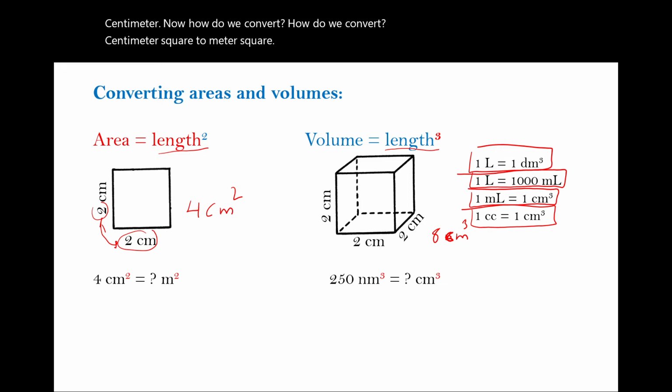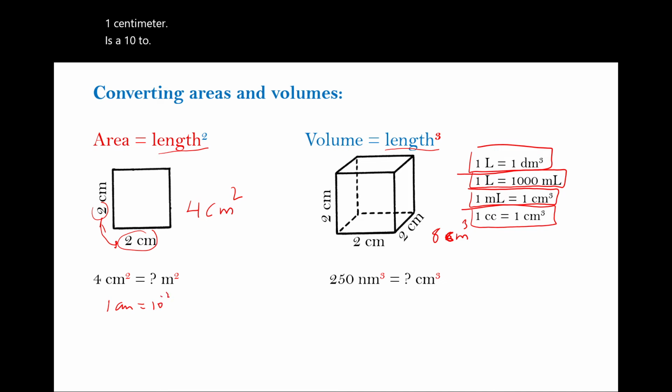Now, we know that 1 centimeter is 10 to negative 2 meters, right? It's 1/100th of a meter.